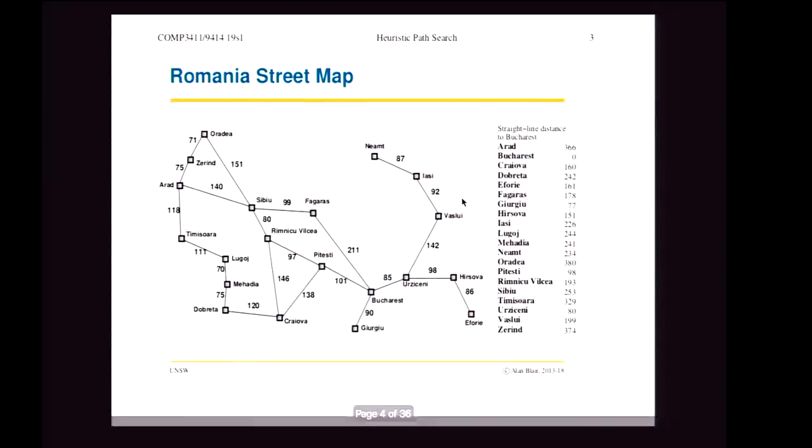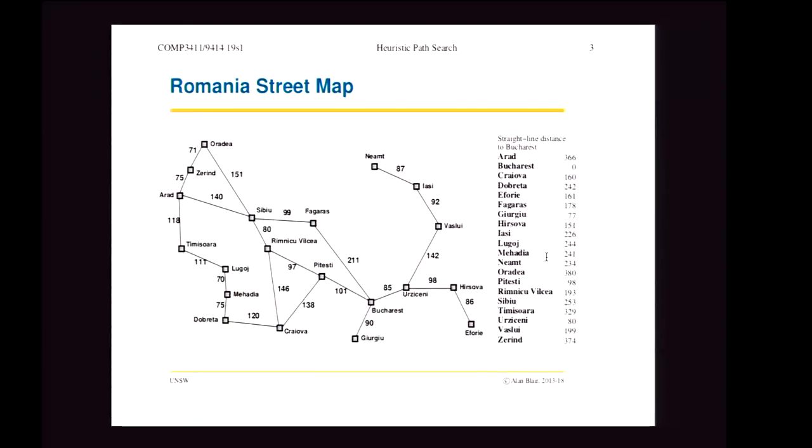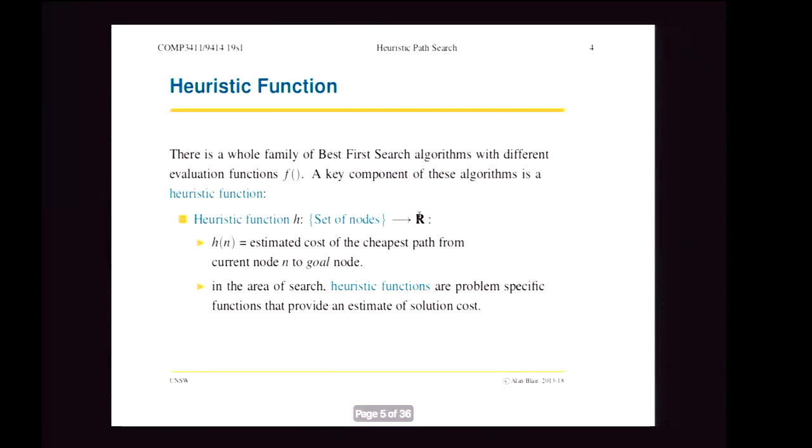So this is an example of what's called a heuristic function. Now, the word heuristic is very overused in AI, but here it has a very specific meaning. It means that it's a function that estimates the distance to the goal. So it's a function for each node.